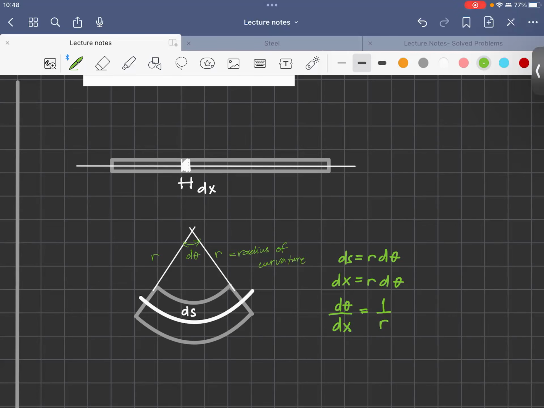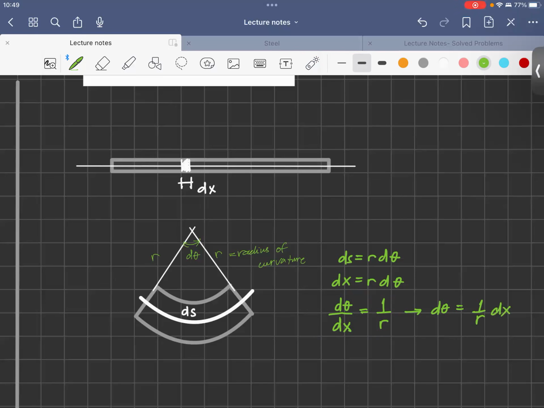How did we arrive at this? This is basic algebra. We just cross-multiplied, so both dx and r became the denominator. But we need to separate the d theta, sorry. Let me rewrite it: d theta is equal to 1 over r dx.